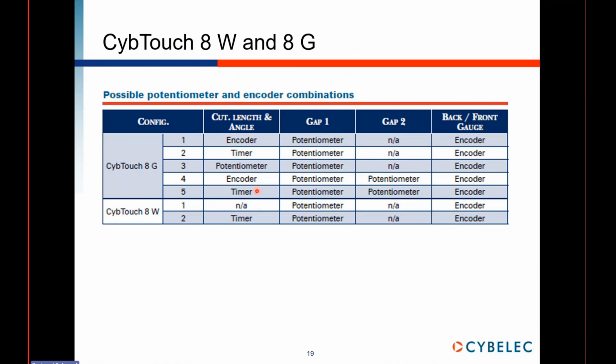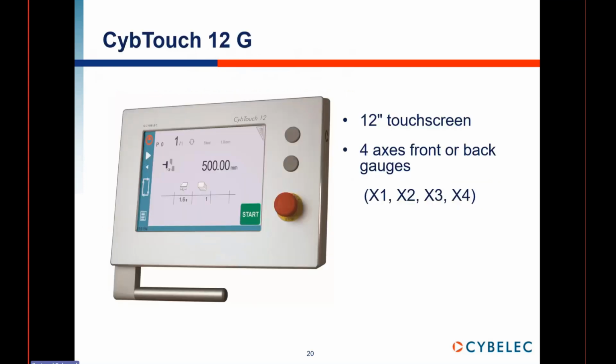And about the cutting length, you can manage it with encoder or potentiometers. Or if you want, you have the possibility with 8W, but with a timer. And we have also CybTouch 12G, with a larger screen and the possibility to manage 4 axes, front or back gauge.